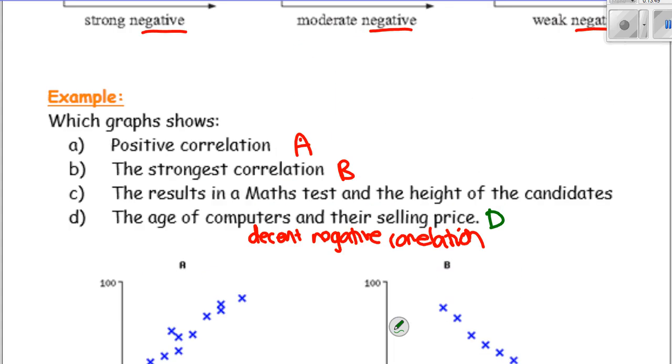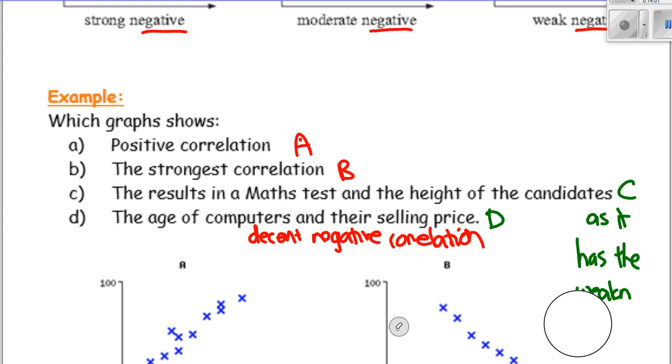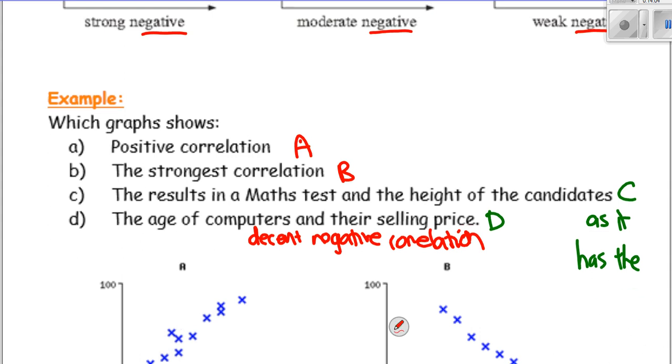We'll just say C as it has the weakest correlation. No correlation would make a lot more sense, but because we're forced to pick a graph, we'll go with the one that has the weakest correlation. Okay, let's move on.